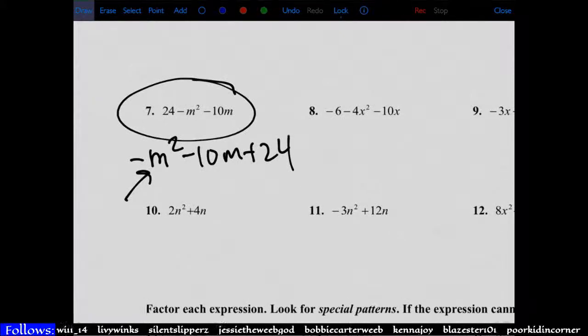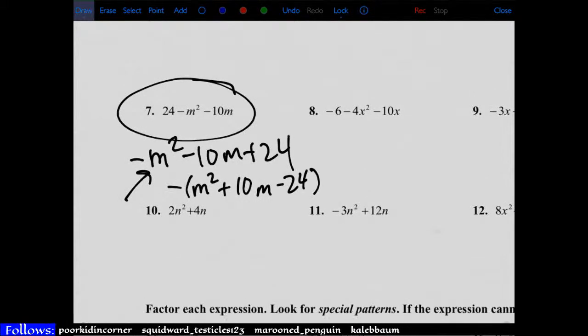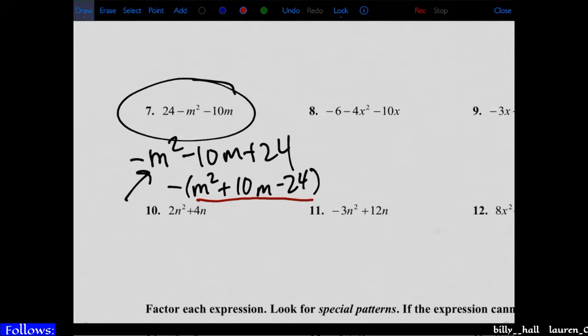Alright, so take out the negative first. To take out a negative, we just factor out the negative, which means everything else switches signs. Okay, so when we switch signs, we get that negative m squared plus 10m minus 24, which means now we're left just to factor this thing. M squared plus 10m minus 24, we gotta factor that.